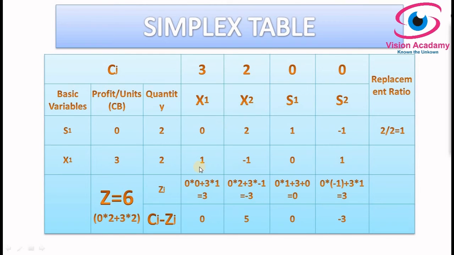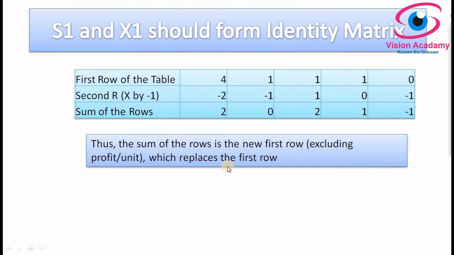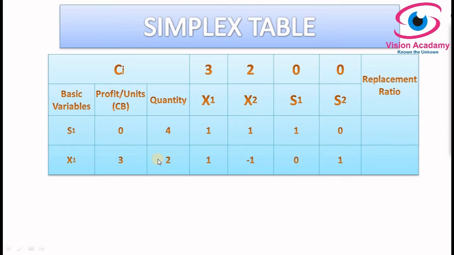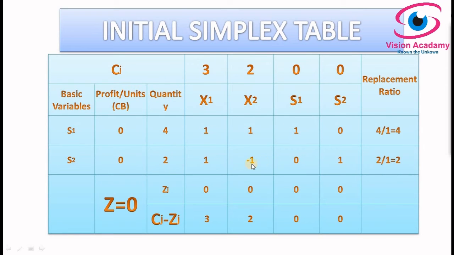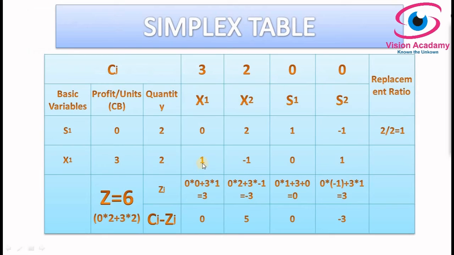And for the second row we consider the same values which we had in the earlier simplex table. Look at here, in the earlier simplex table we had 2 1 minus 1 0 1, except that this coefficient has changed. The coefficient of x1 is 3. So 3 2 1 minus 1 0 1.